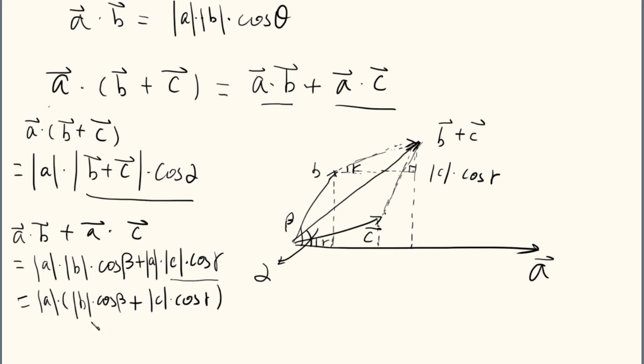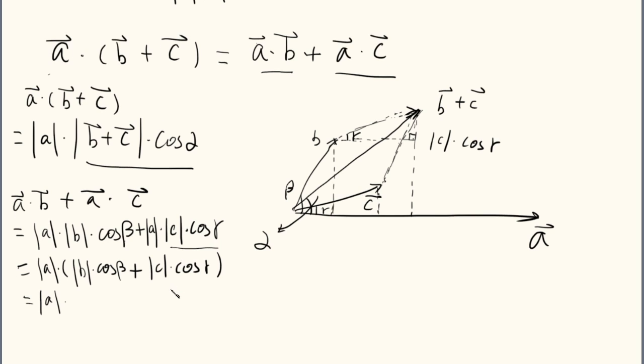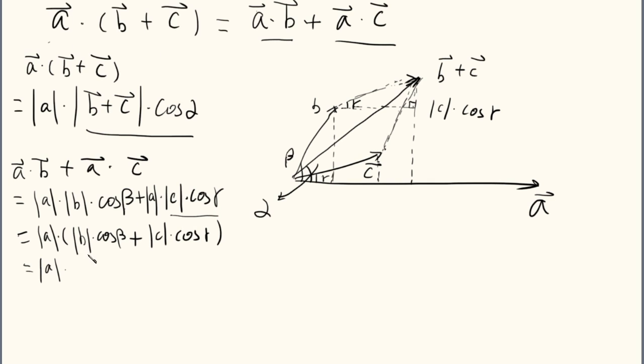Here, these two parts are actually the same as this part. So these two are equal. This is the absolute value of A. This part is this, and this part is this.